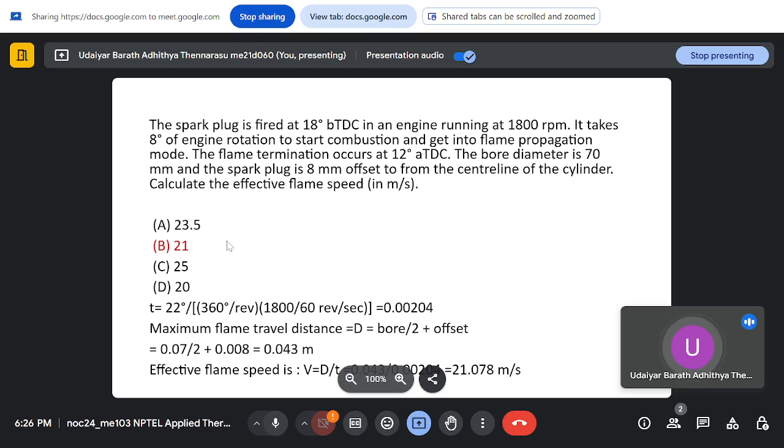So the flame has to propagate at a higher speed. The speed is doubled and the time is reduced.